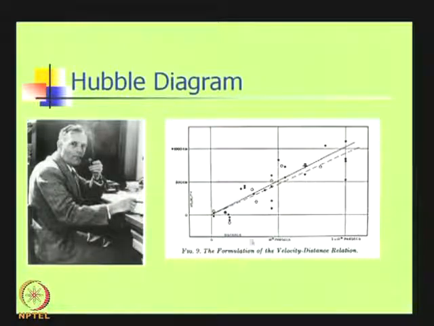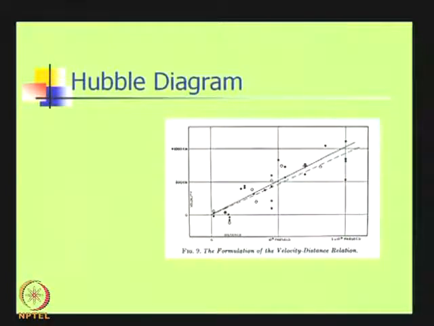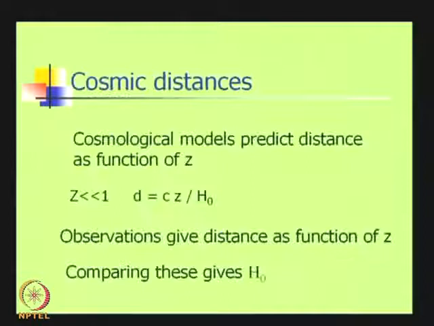Hubble's observations unfortunately were based on very low redshift. So, he had only a few galaxies located very close to us, and the slope that he got was far too high. He got a slope of around 400, which brings down the entire distance scale of the universe.